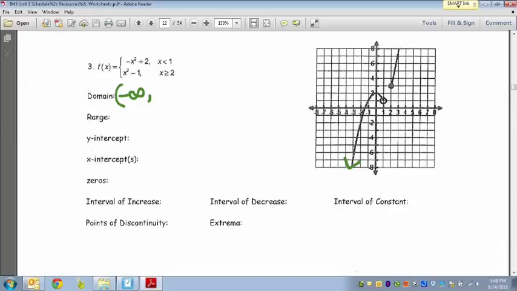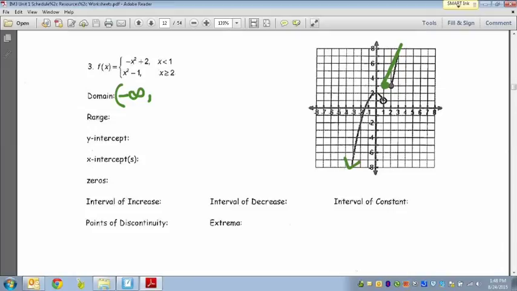Now, here's where it stops, here at x equals 1, and you'll notice that there is an open dot. Notice what I'm doing here is that I'm looking at x equals 1. Are there any closed dots? Let's just say, for example, the closed dot was here and this line just kept going up. Then that wouldn't be a place where the domain would stop because there's a closed dot at that point 1.